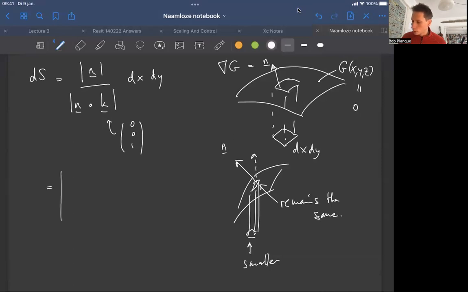And so, in fact, what is written here is that if I have one of these functions g, then its gradient gives me the length of this normal vector, and the projection of n onto the third component is given by the third component of the gradient of g, which is dg/dz.